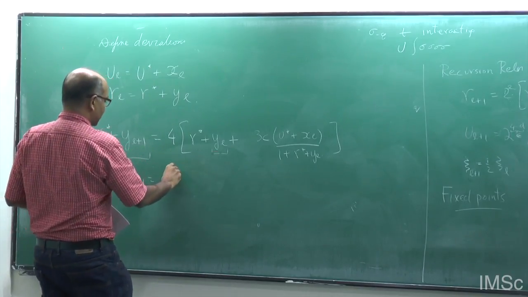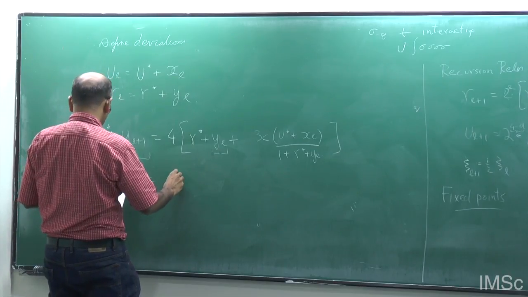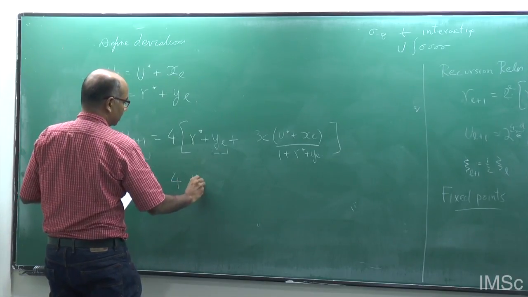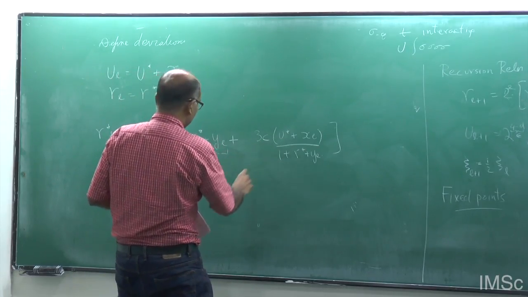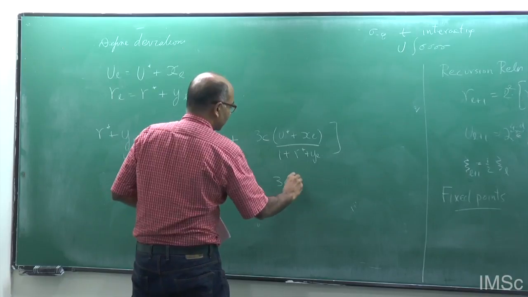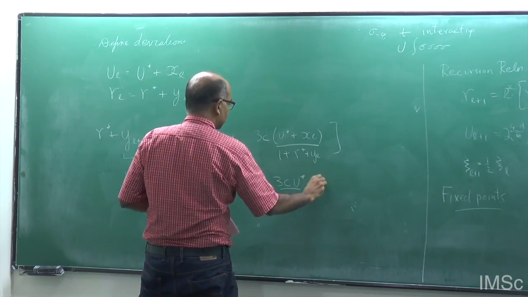So you'll get a term 4 times Y_l. And then what will you get from here? You'll get 3C U star by 1 plus R star times X_l.